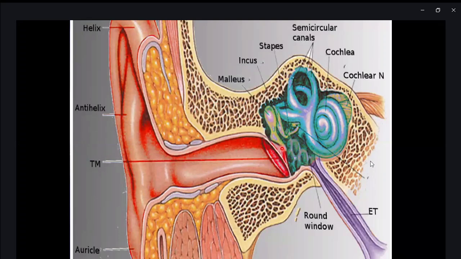Some muscles are attached to the stapes. We call that stapedius. The stapes originates from the second pharyngeal arch, the malleus and incus from the first pharyngeal arch. The external acoustic meatus originates from the first pharyngeal cleft.